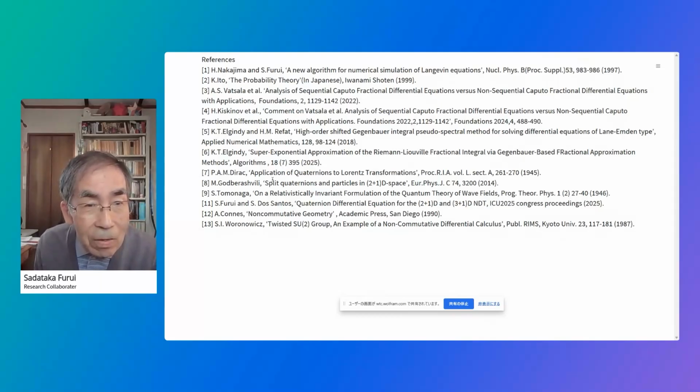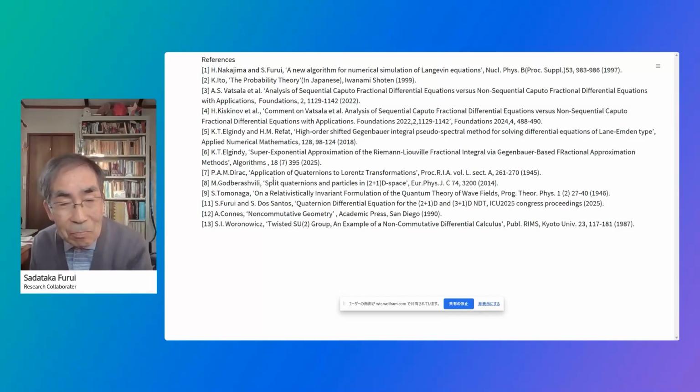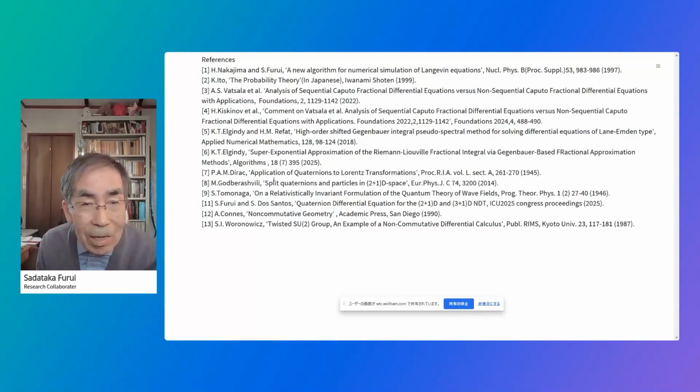And Kiskinov et al. is correct. I checked that the Kiskinov et al. has the correct answer, except for one sign that Mathematica gives, the correct calculation results.